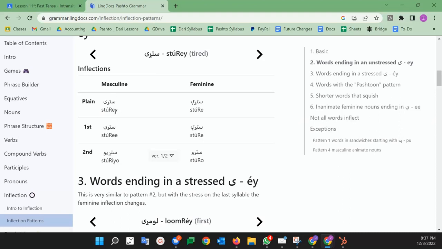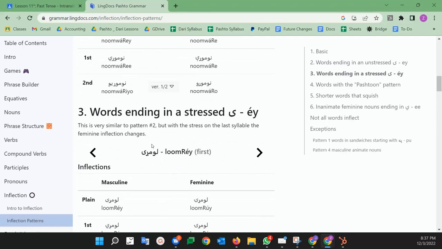So this is Stare, Stari, and Stario. Remember there are multiple versions, so often this gets shortened to Storo. And then the feminine is actually easier. We just have the 2 A endings: stare, stare, and staro. And again, you can look at all sorts of other examples that follow that same ending.